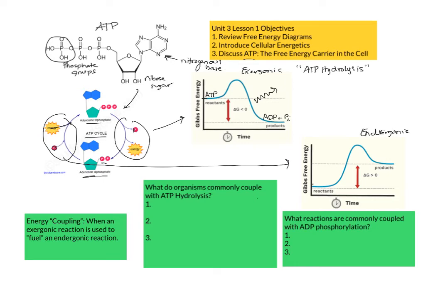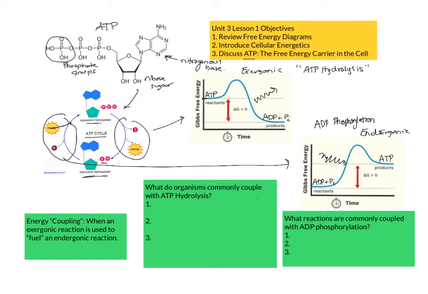So we start with the low energy form, ADP and inorganic phosphate, and by adding energy into the system, we can recharge it into its high energy state of ATP. And that process is called ADP phosphorylation. Hopefully that name makes sense based on what we know is happening in this reaction. We're adding that phosphate back onto the ADP molecule.